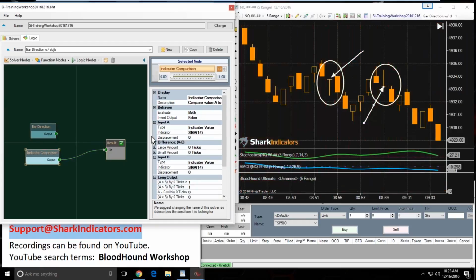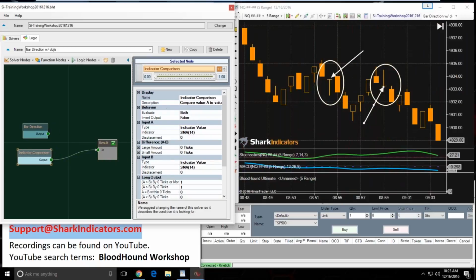Like so. And let's give this a name here. So we're going to compare the close to the high or low. Basically we're comparing one price to another price.